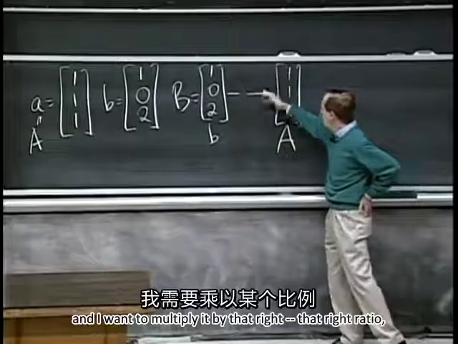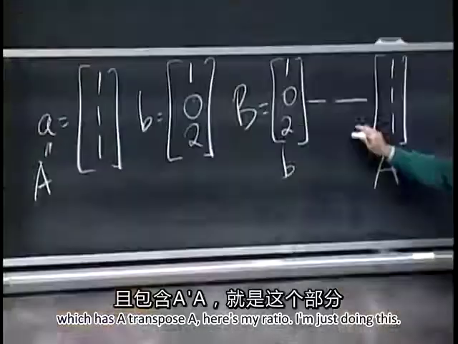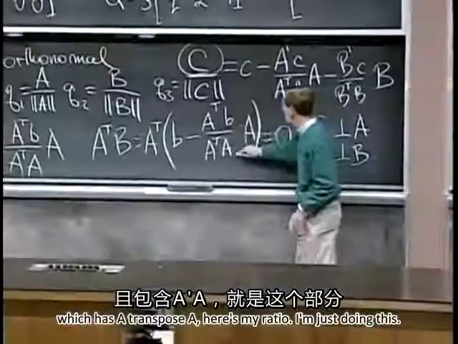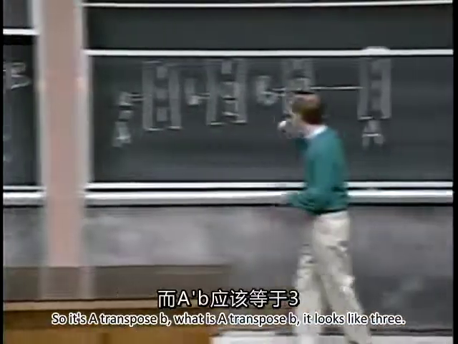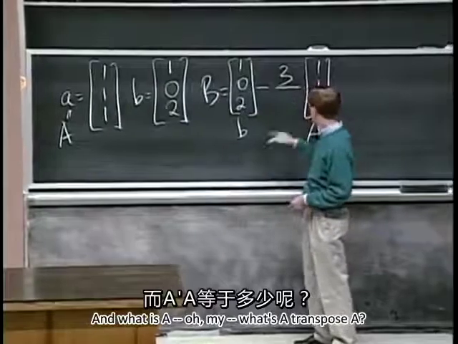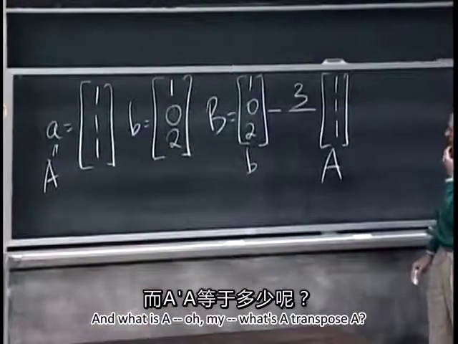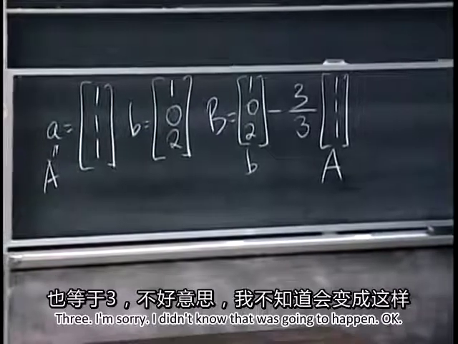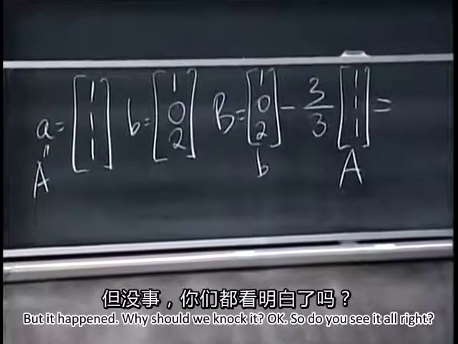And I want to multiply it by the right ratio, which has A transpose A. Oh, here's my ratio. So it's A transpose B. What is A transpose B? It looks like 3. And what is A, oh my, what's A transpose A? 3. I'm sorry. I didn't know that was going to happen. Okay, but it happened.